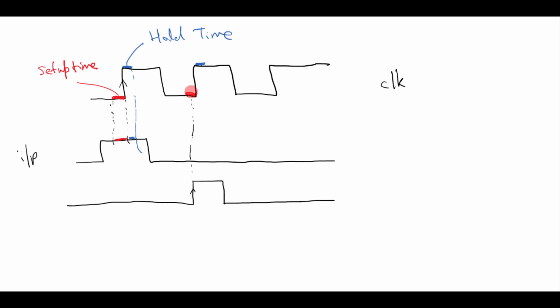It has a rising edge within setup time. So in this case, your sequential machine can go into metastable state or stuck in a race condition. Here, setup time violation occurs.